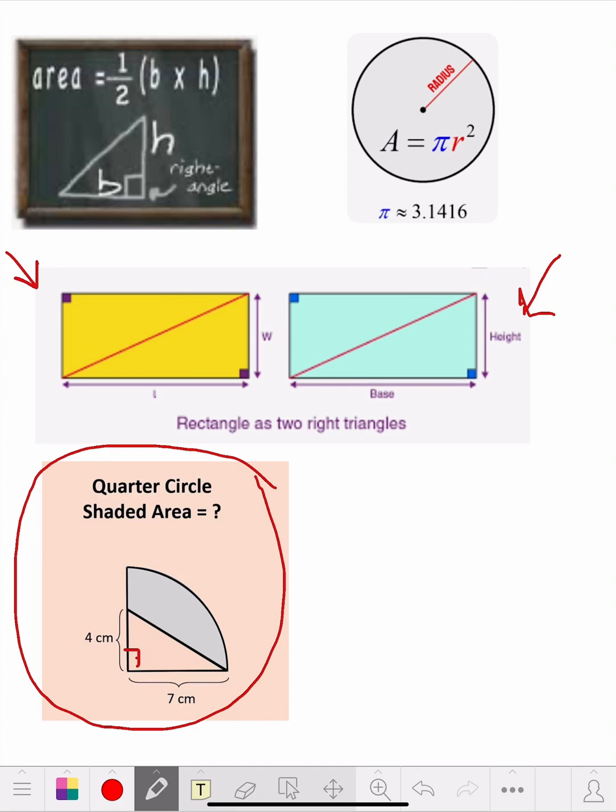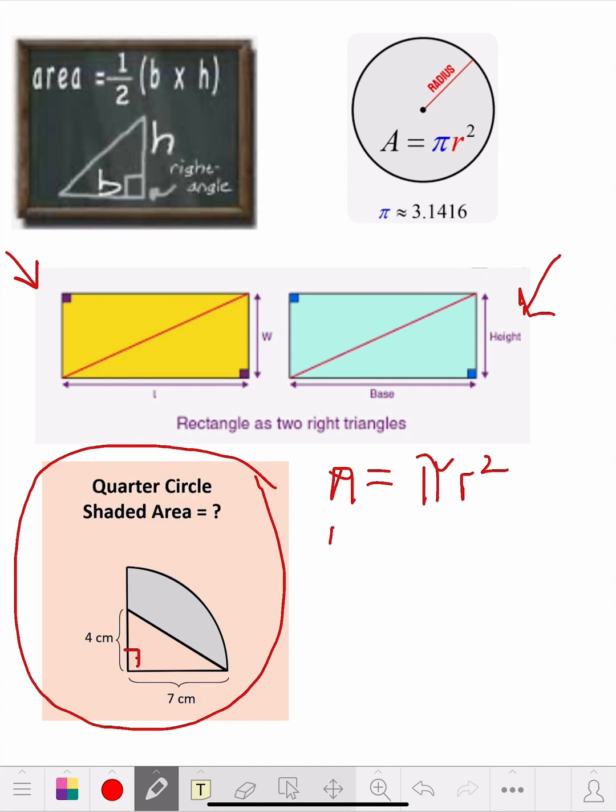So let's figure the area of the whole circle. Area equals pi r squared. The radius they're telling us is 7, so we can fill this in right away.